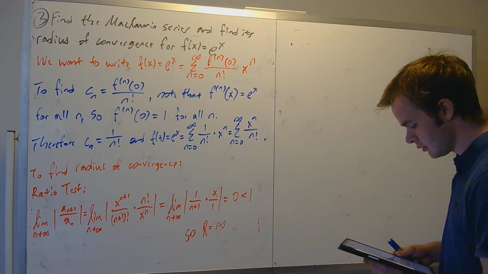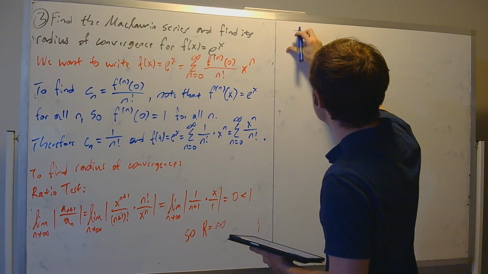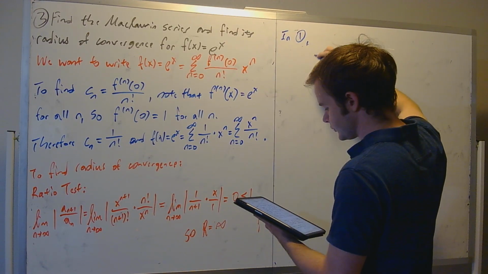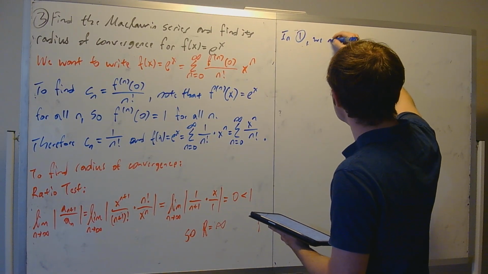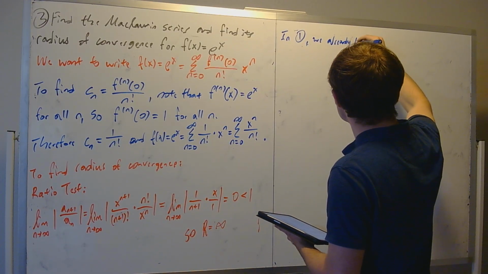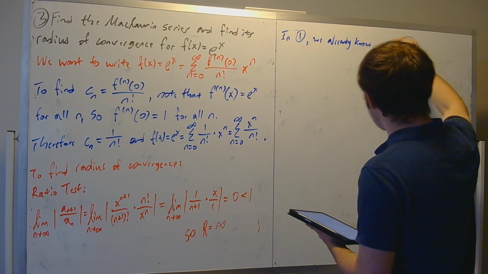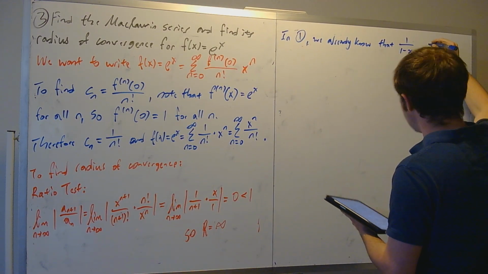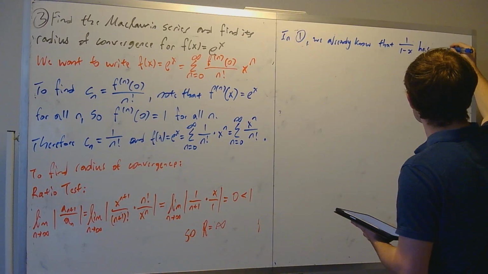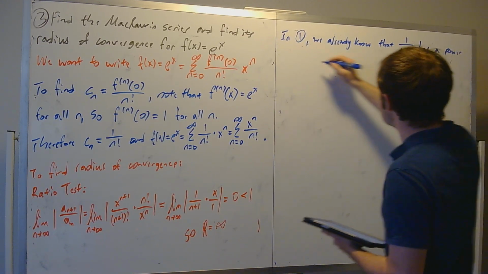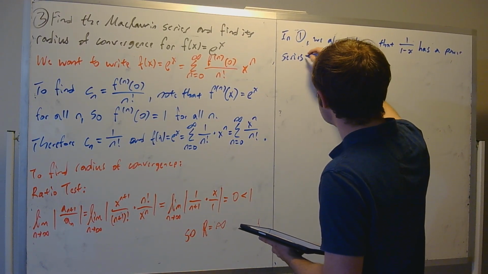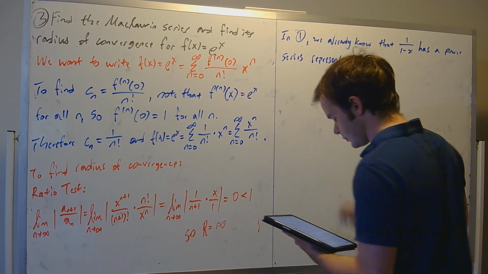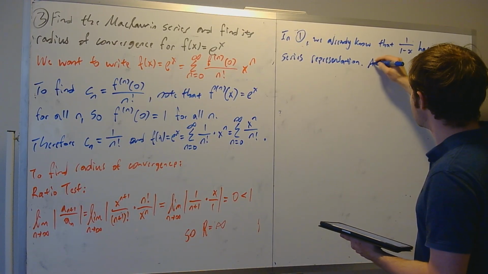Next, I'll say, in example 1, we already know that 1 over 1 minus x has a power series representation at this point.